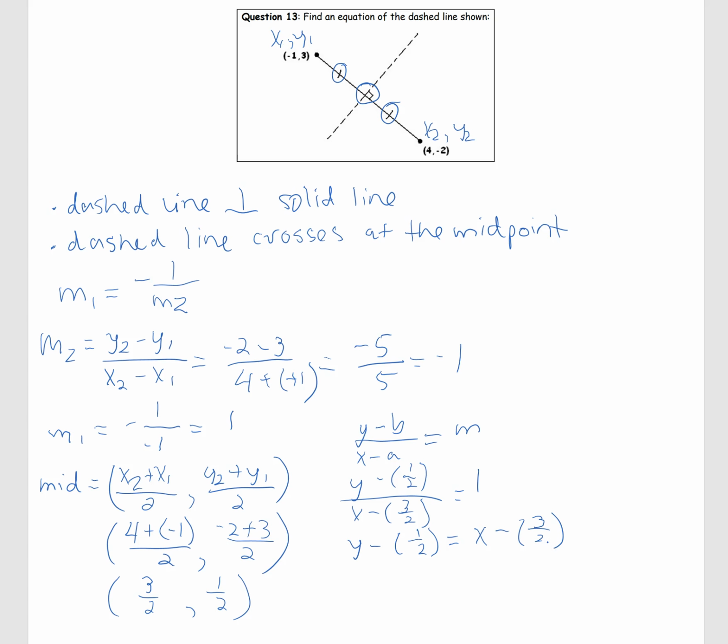And we can make this look a little bit nicer as well by adding 1/2 to both sides. This gives us y equals x, negative 3/2 plus 1/2 is negative 2/2, which is negative 1. So the equation of the dashed line is y equals x minus 1.